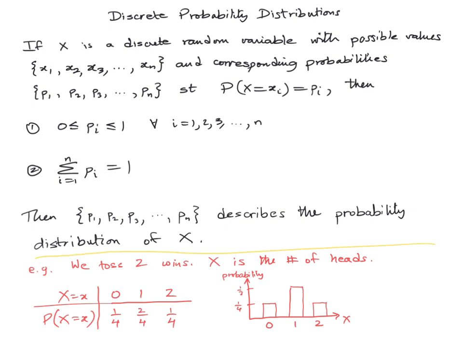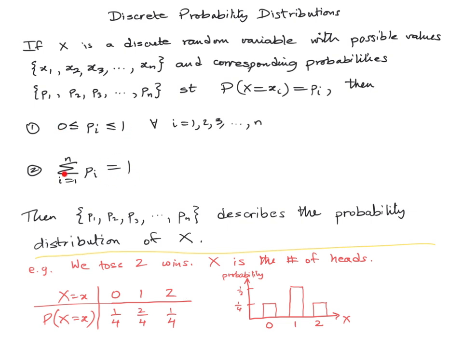The next thing is that when you add up all of the probability values, you need to get 1. Because if this is the list of all the possible things that might happen, well, if I add all their probabilities, one of those things is guaranteed to happen because these are all of the possibilities. Therefore, adding up all the probabilities should end up giving you 1.